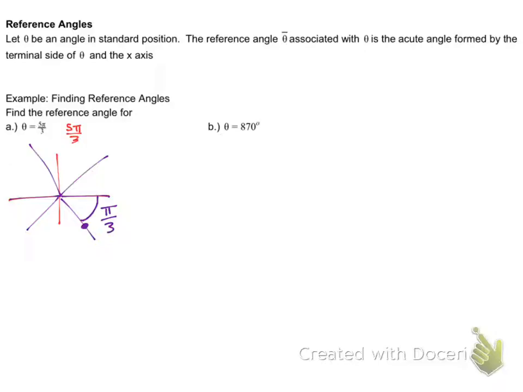Now, the other approach, guys. Could I have taken 5 pi over 3 and said, hey, wait a minute, isn't that just pi plus 2 pi over 3? Because how many times does 3 go into 5? One time with how many leftovers? 2.